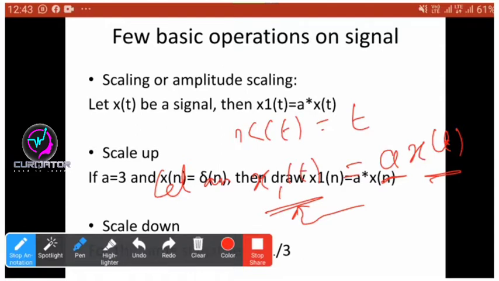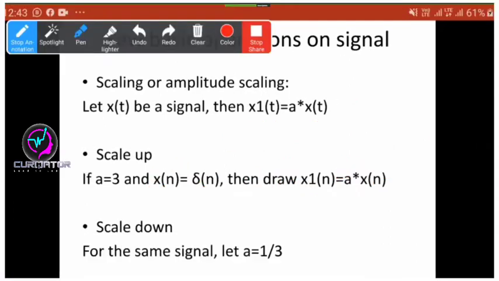If we scale any signal like this, how will it affect that signal? Let us see now. Let us take a unit step signal as an example. U of t is equal to 1 for t greater than or equal to 0, 0 otherwise.